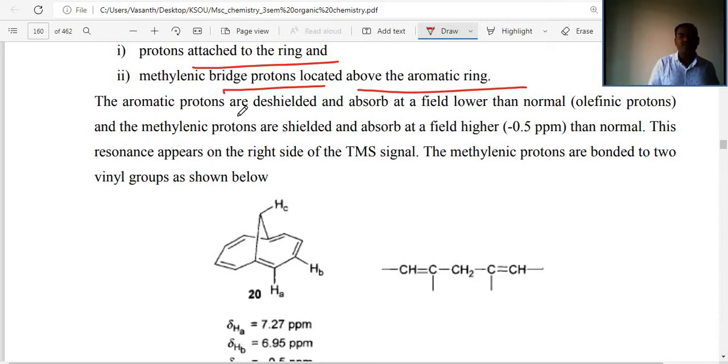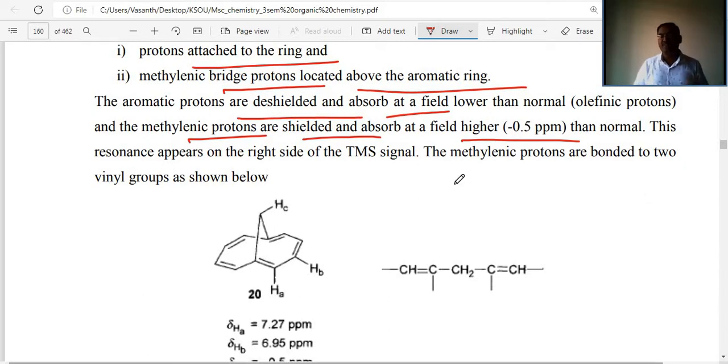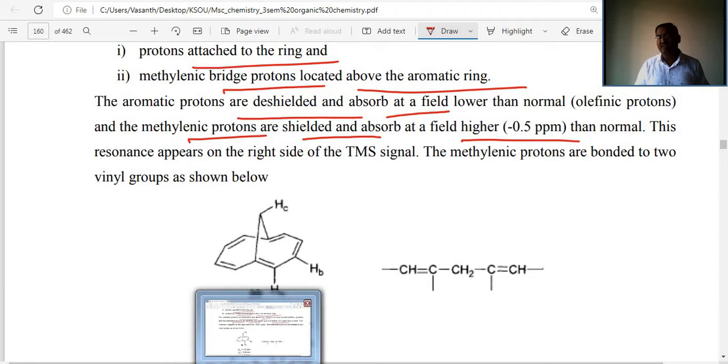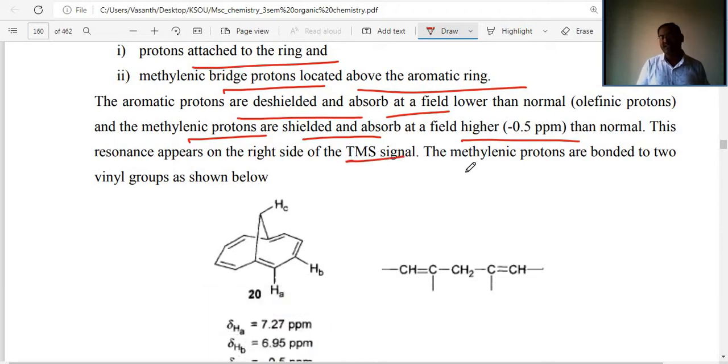The aromatic protons are deshielded and absorb at a field lower than normal, meaning olefinic protons, and the methylenic protons are shielded and absorb at a field higher than normal. This resonance appears on the right side of the tetramethylsilane signal. The methylenic protons are bonded to two vinylic groups as shown in the figure.